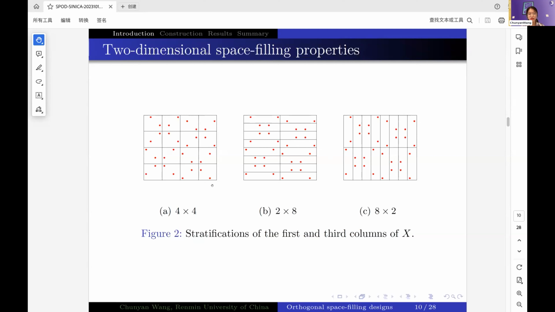So figure 2 shows that these 2 columns achieve the stratifications on a 4 times 4 grid, 2 times 8 grid, and 8 times 2 grid. That means for the 3 grouping methods, each grid has 2 points. In other words, the design points are spread on the field very uniformly.